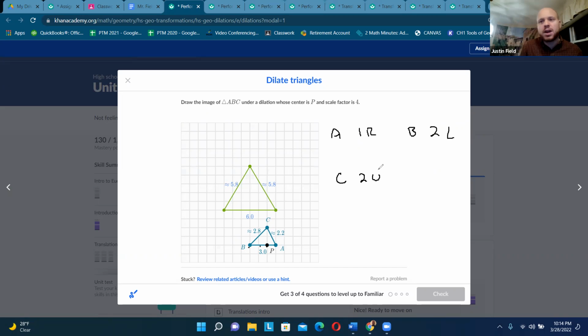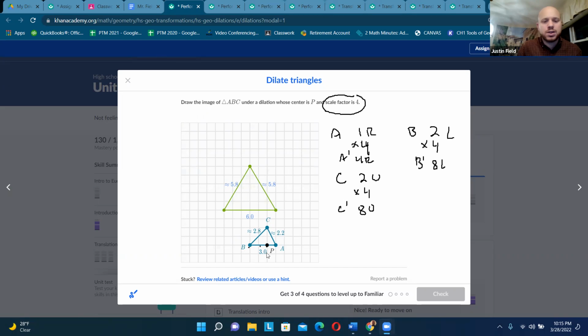It could have an h and a v distance, but these only have an h or a v distance. So now we're going to multiply all those by 4 because that's our scale factor. And then C prime is going to be 8 up. A prime is going to be 4 right. And B prime is going to be 8 left.